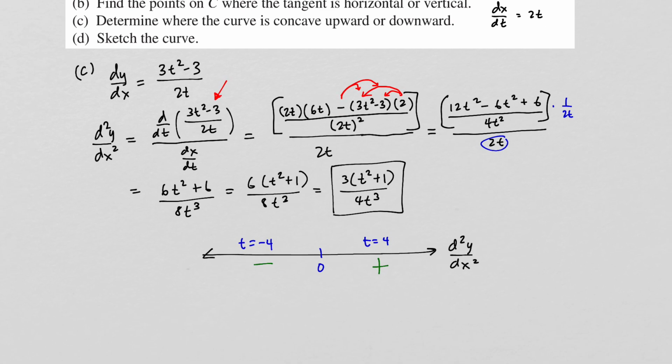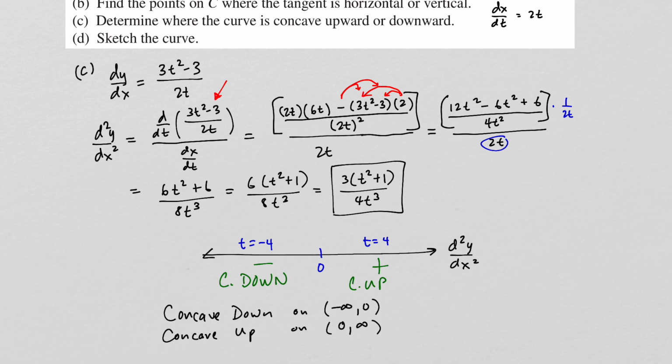So what we have then is the function should be concave down when t is less than 0, and it should be concave up when t is greater than 0. And it should be noted that anytime you say something about concavity, increasing, decreasing, etc., for parametric equations, the values that you give in these intervals are always values of t, not x.